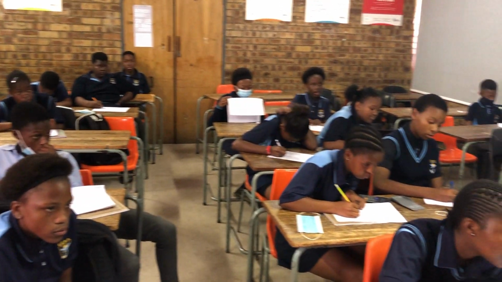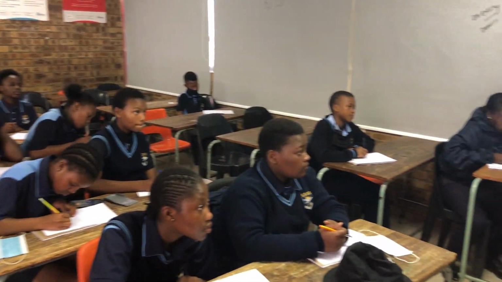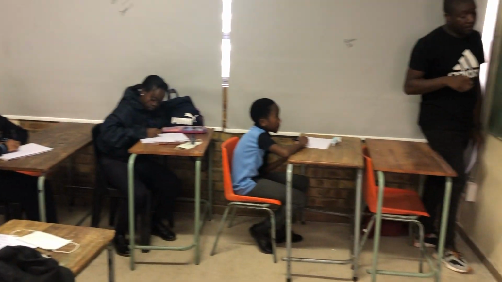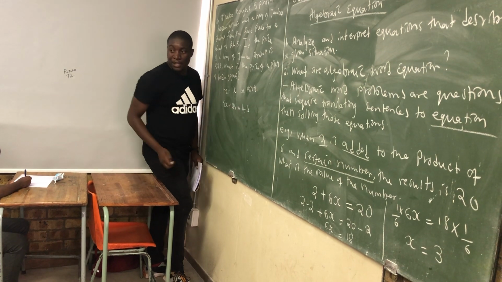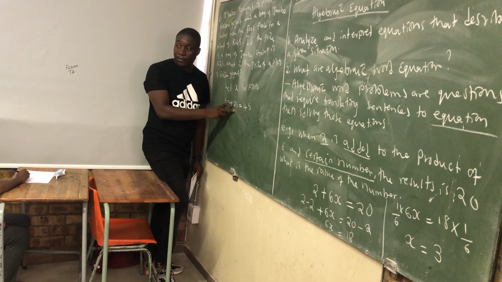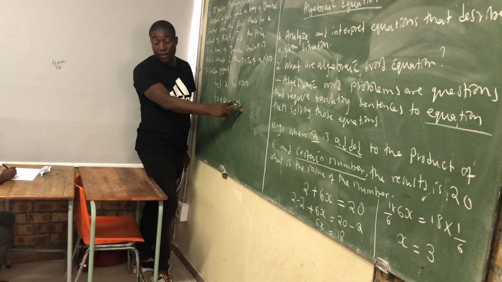And all in all, what he bought, how much did it cost him? 45. Then we put 45 aside. So that means whatever he spent is equal to 45.